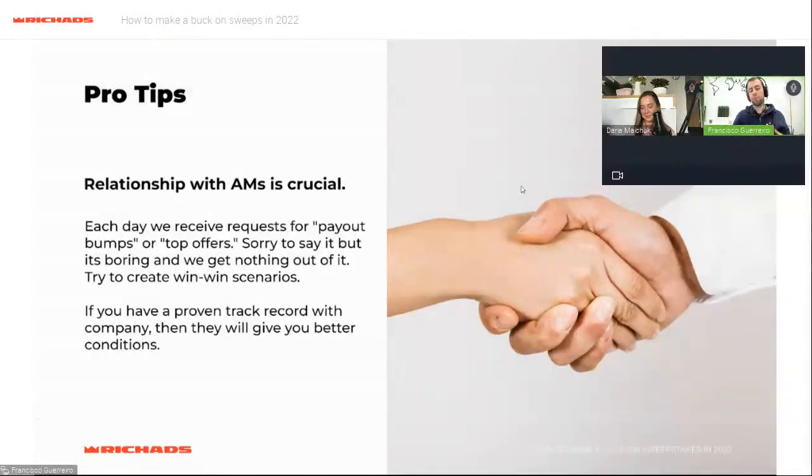It's absolutely crucial that you have a more transparent relationship with your account manager so that he can see that he will gain something from you and you will gain something from him if you work together. For example, let's say you have an offer that is profitable or break even and you need 10% more ECPM.